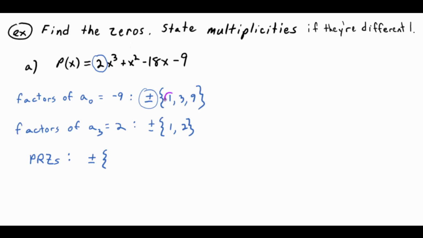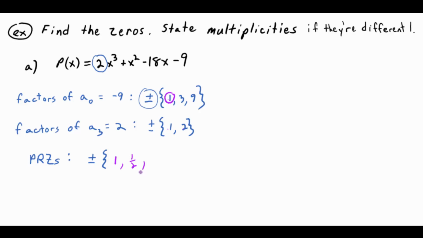I'm referring to the one from the factors of negative 9. And make all the fractions you can with 1 in the numerator and 1 or 2 in the denominator. There's only 2 possibilities. You could have 1 divided by 1, which is 1. Or what's the other one? 1 divided by 2, 1/2. So those are the possible rational zeros with the plus or minus in front.